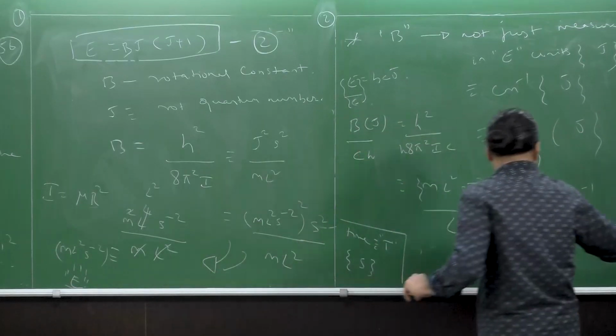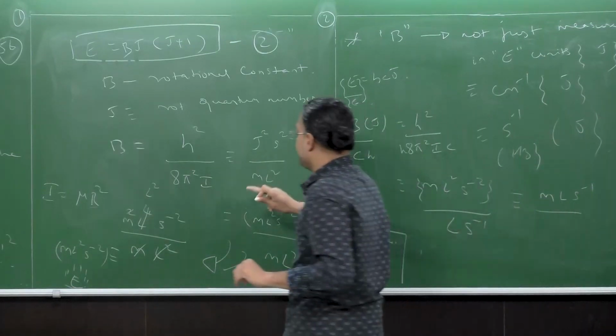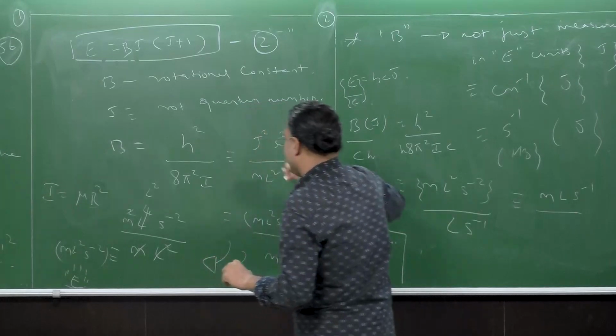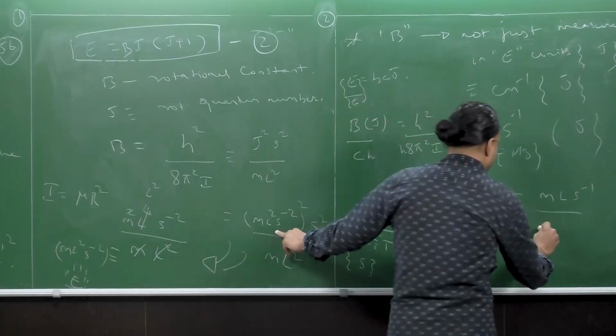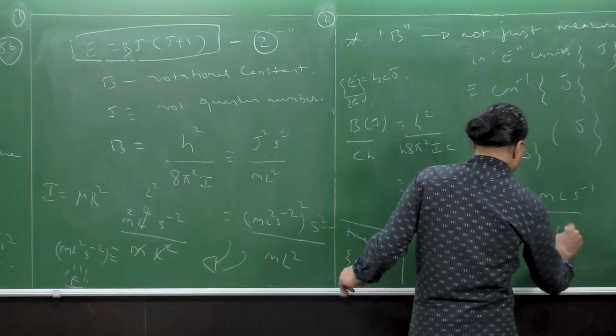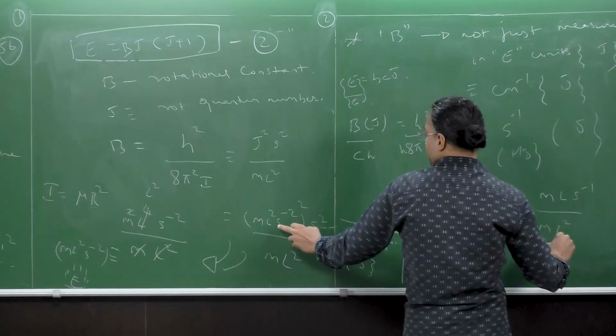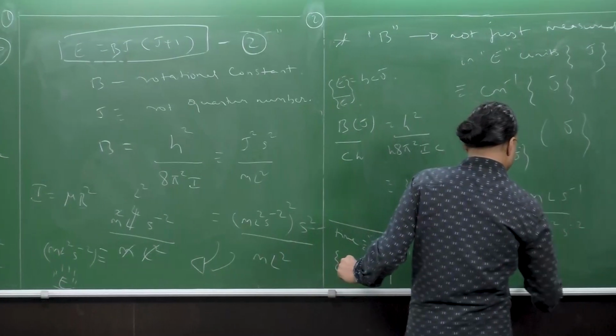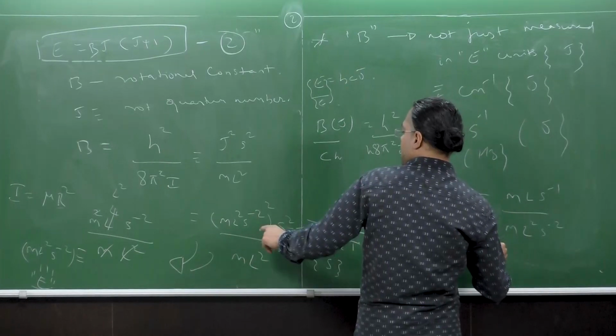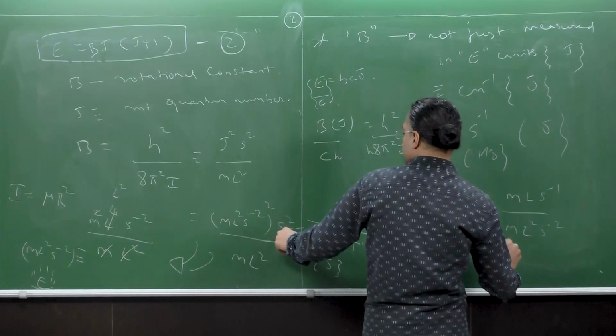All right, so now I have to divide this quantity by the dimensions of joule second. That is going to be m L square s to the power minus 2 times s.